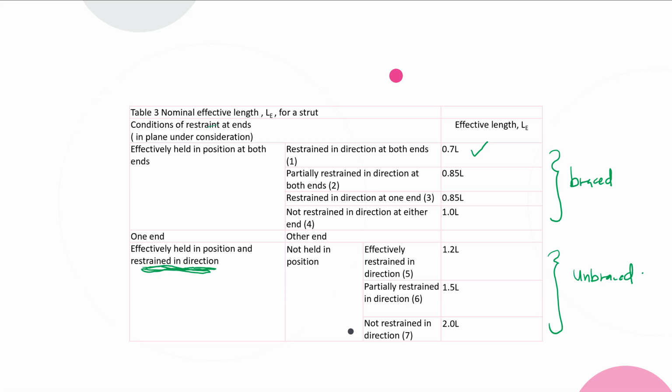Okay, so one end is restrained in direction, meaning that memang akan ada keadaan yang akan unbraced, because position tak mention, but just mention that effectively restrained in direction at both ends. Okay, ataupun rotationally restrained, benda yang sama lah sebab direction tu sama dengan rotation lah ya.